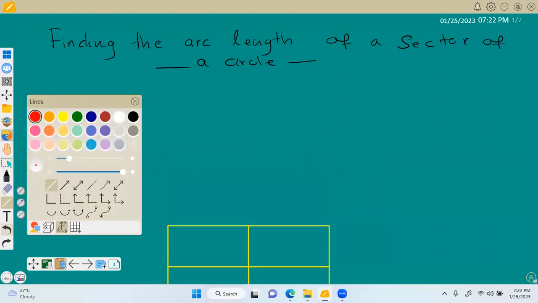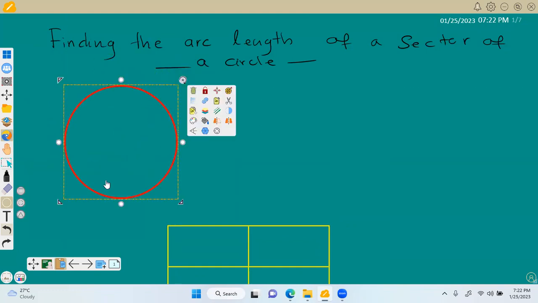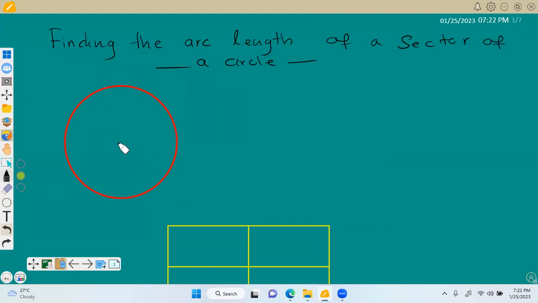Now, if we consider a circle, what is the formula that we use to find the arc length? Last week we discussed that formula. Around the center of the circle there are 360-degree angles.